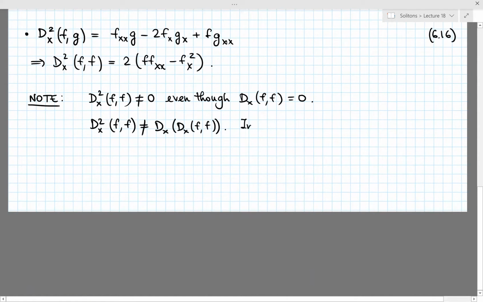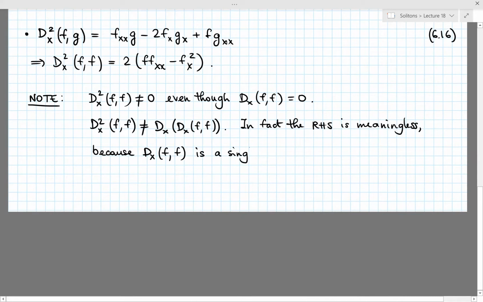In fact, the right-hand side here is meaningless because Dx acting on f comma f is a single function, but the outer Hirota capital Dx needs to act on a pair of functions.